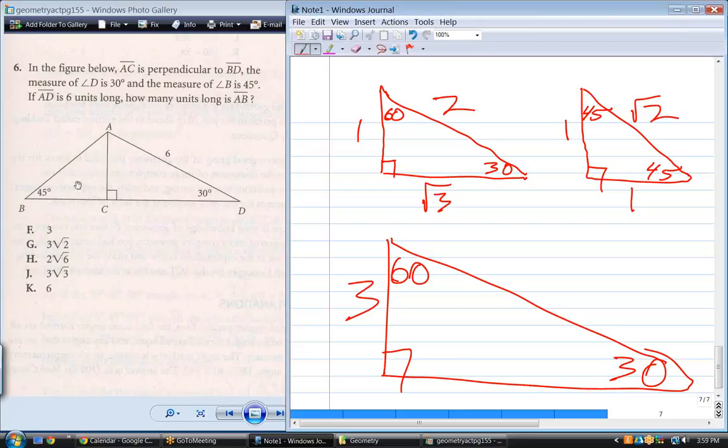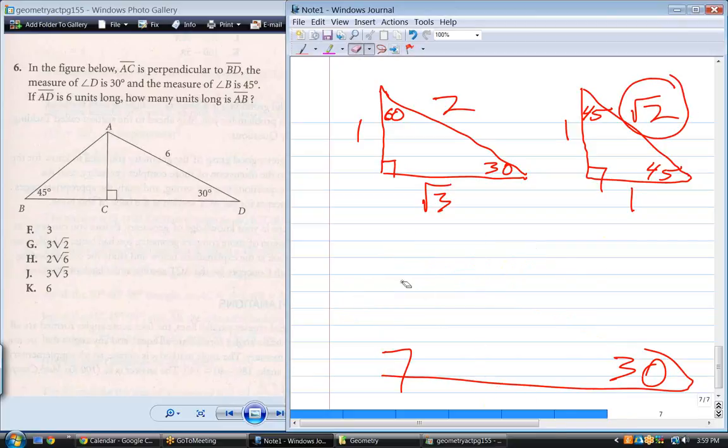What's the similarity ratio with this triangle compared to my unit triangle? 3. Okay, which makes the hypotenuse what? 3 times this number here. Okay, in other words, everything about this triangle has to be 3 times that.